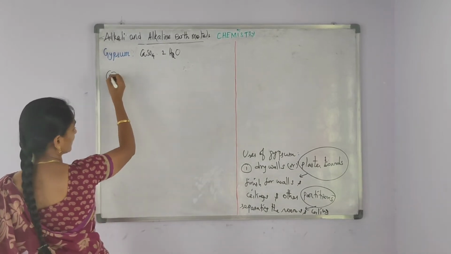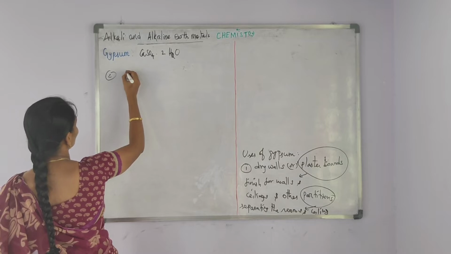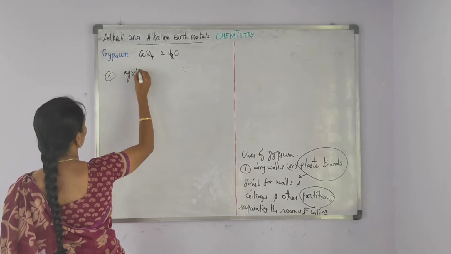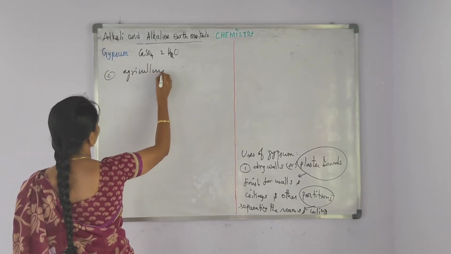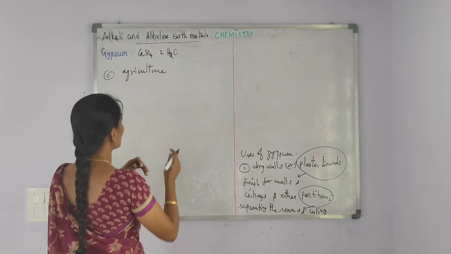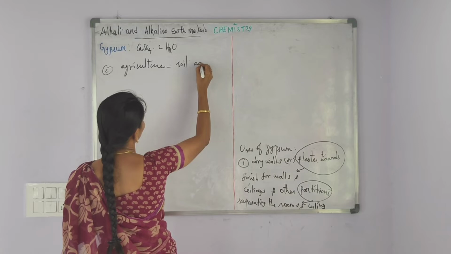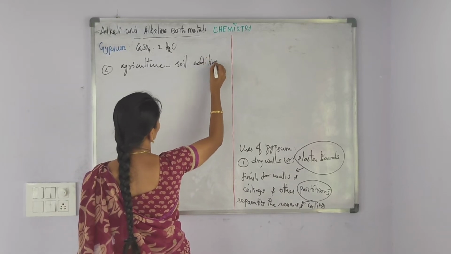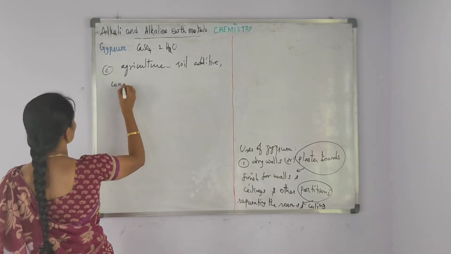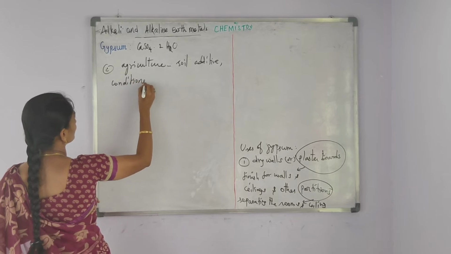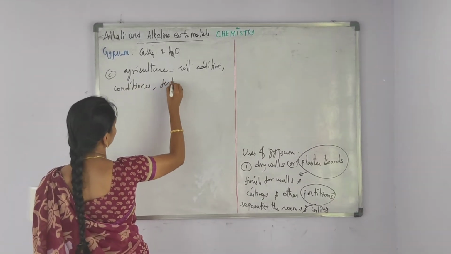The second one is that gypsum plays an important role in agriculture as a soil additive, conditioner, and fertilizer.